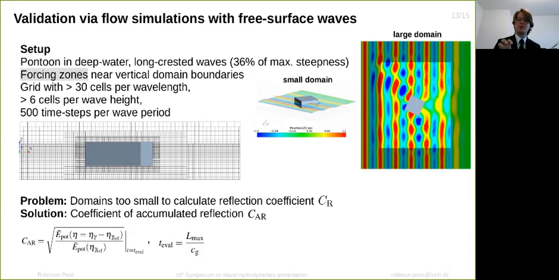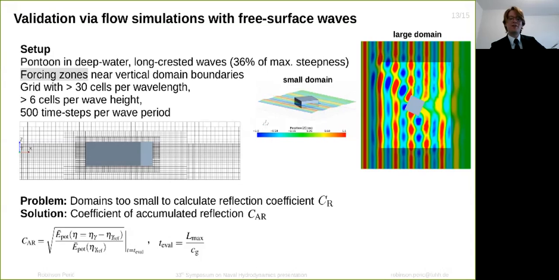And then from the small domain simulation, from the surface elevation, we subtract the surface elevation from the reference simulation and calculate the potential energy for the remaining surface elevation and relate this to the potential energy in the reference simulation. And this is how the coefficient of accumulated reflection works.